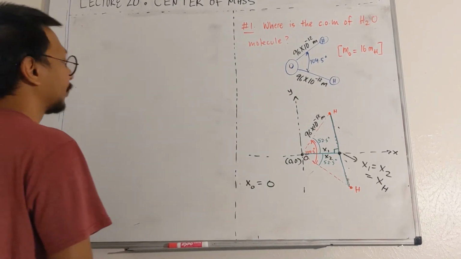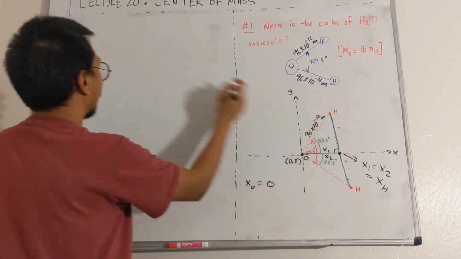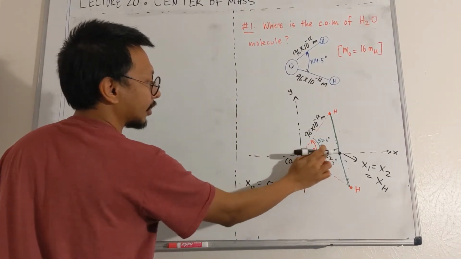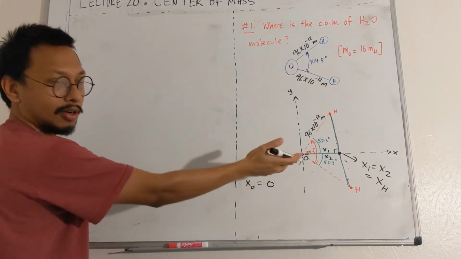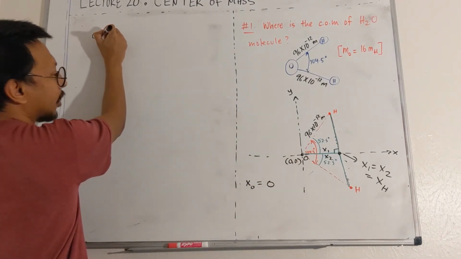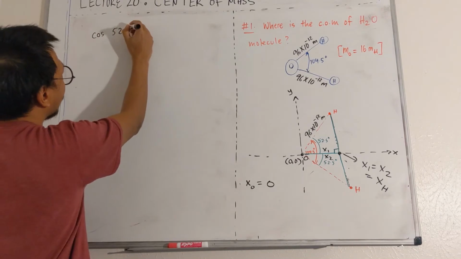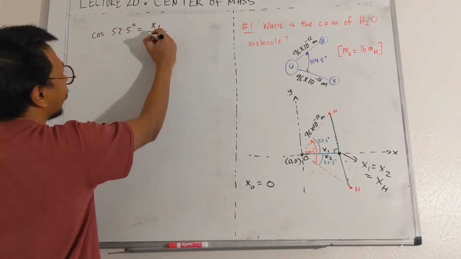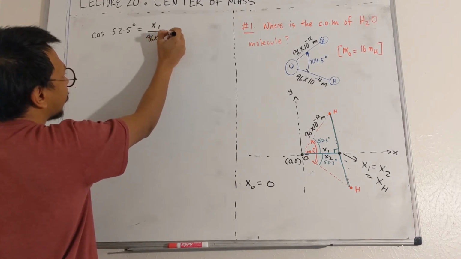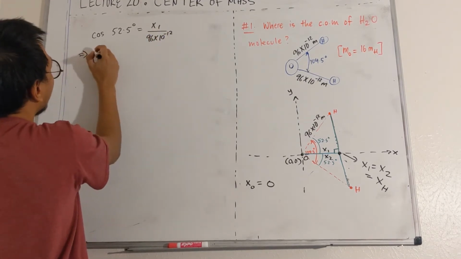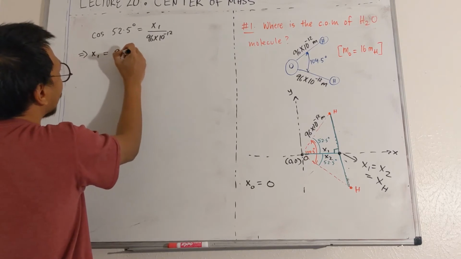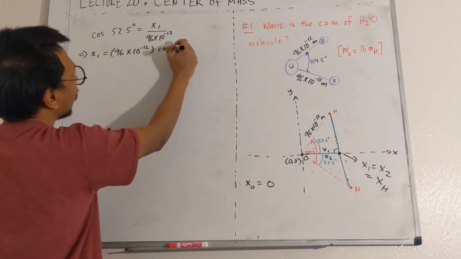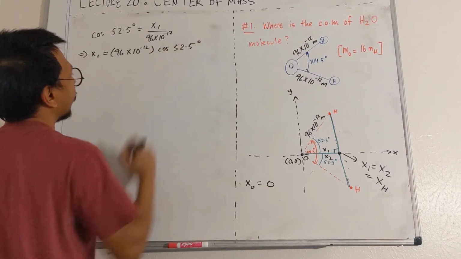So x1 will be equal to x2, and let's call both of these x_H to denote the x coordinate for hydrogen. From that triangle, this is the adjacent side, so the x coordinate will be found by cosine. Cosine of 52.5 degrees is equal to adjacent over hypotenuse, which is 96 times 10 to the minus 12. So x1 is equal to 96 times 10 to the minus 12 times cosine 52.5 degrees.